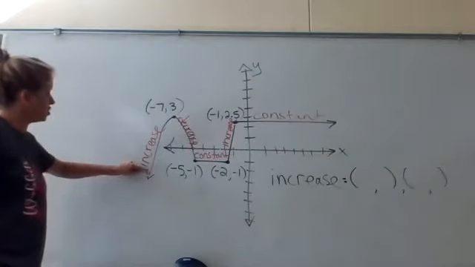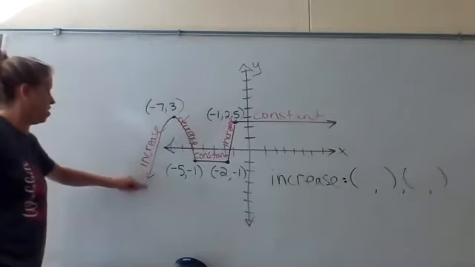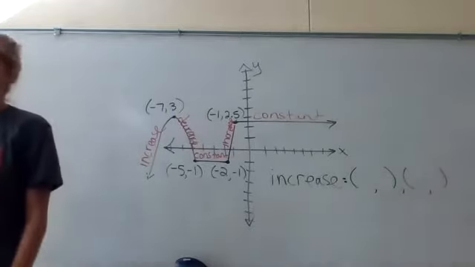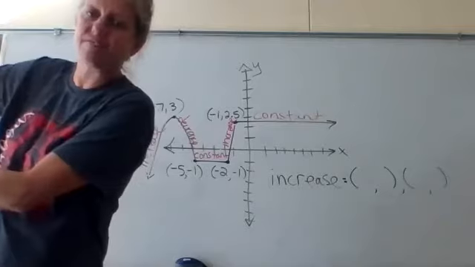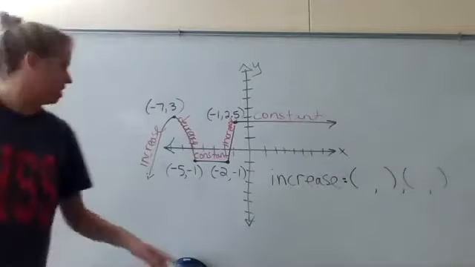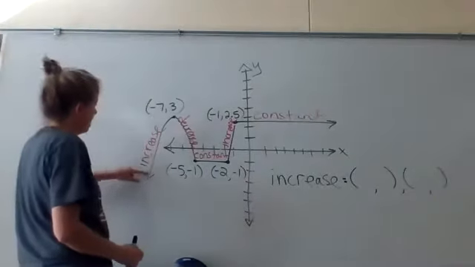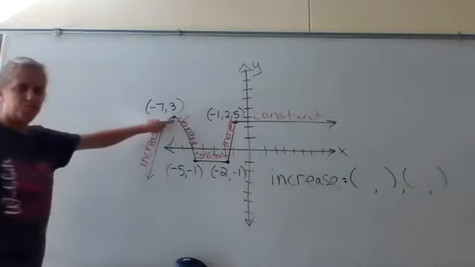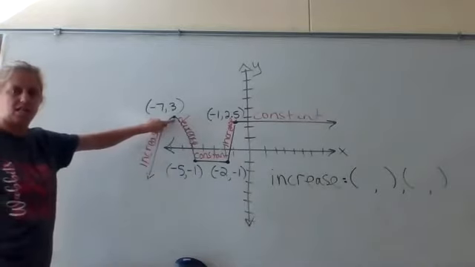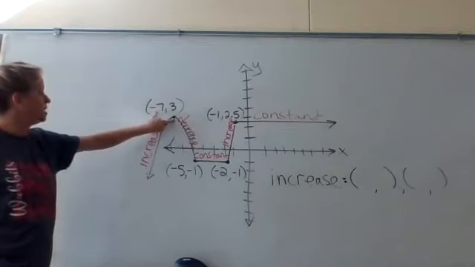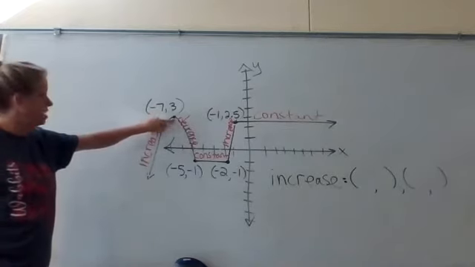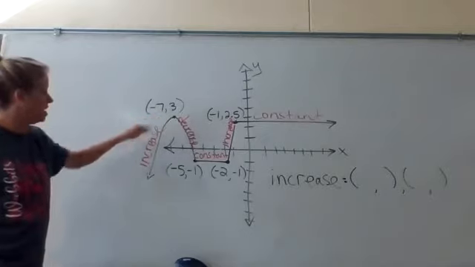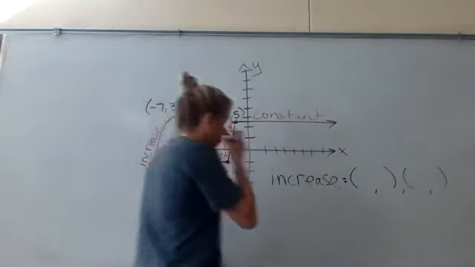Where does it start increasing? The arrow going down and to the left means it starts increasing all the way to the negative side of the graph. The negative infinity is where it starts increasing all the way until it gets to this point, right? What is the x coordinate at that point? -7. So it's increasing from negative infinity to -7.